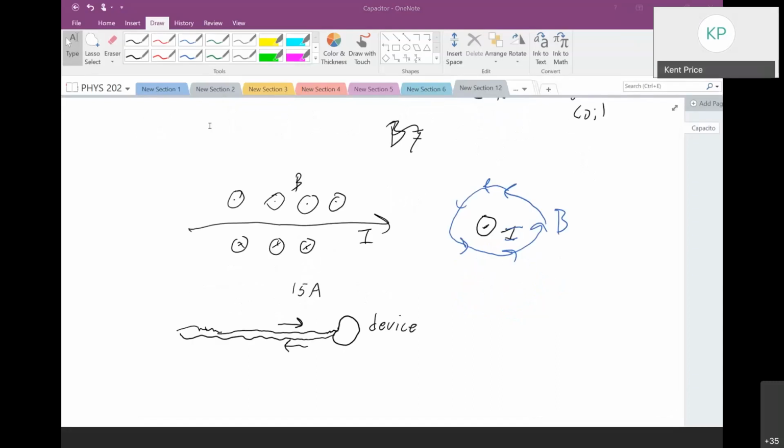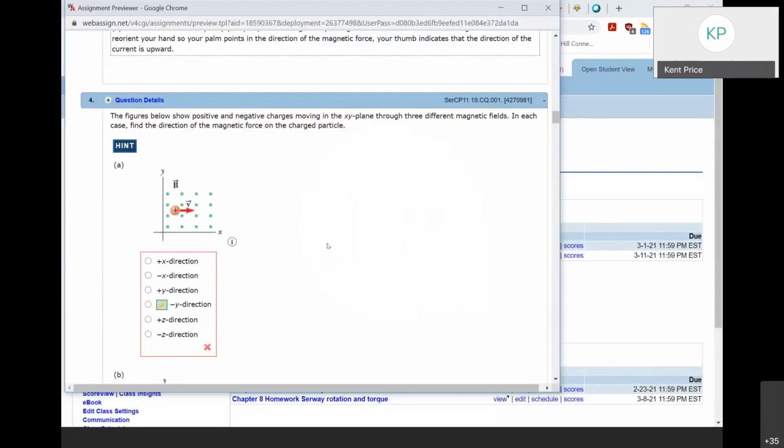Well, I'm getting requests to explain number 4 in the homework. In number 4, we have a positive charge moving to the right through a magnetic field that is pointing out of the screen or page. So you point your fingers in the direction that the charge is moving. Then you point your palm in the direction that the magnetic field is facing. If you're looking at your screen, not at me, the magnetic field is pointing out of the screen.